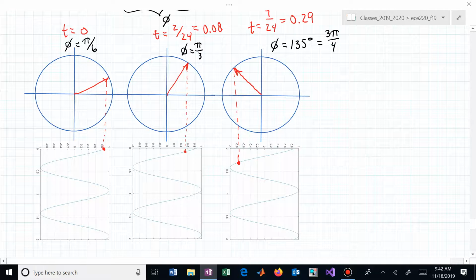This phasor is spinning around at a frequency of omega, which is 2 pi, or 1 hertz. So we're going 1 cycle per second in this case. So in 1 second, where will I be? Back to where I was in the phasor at time 0. But here, before that, I would actually have peaked.